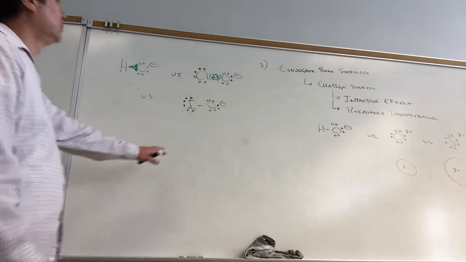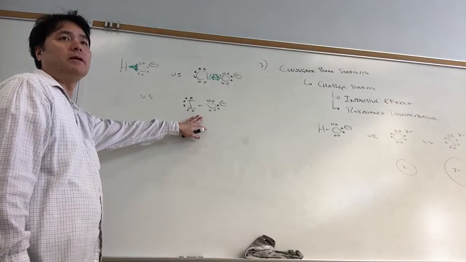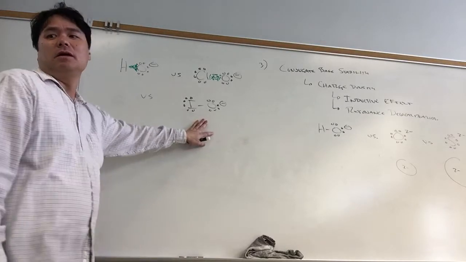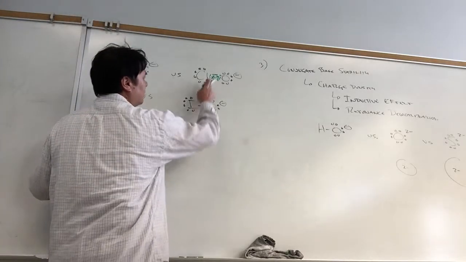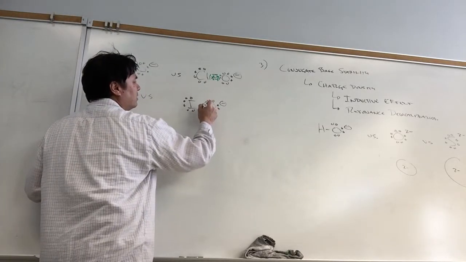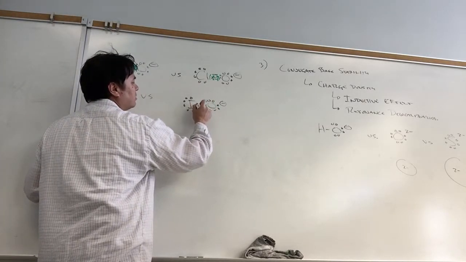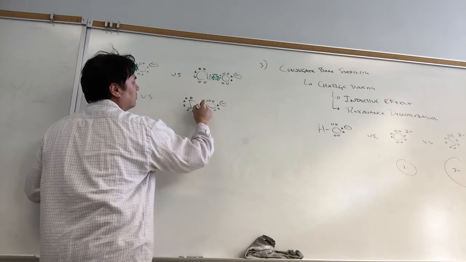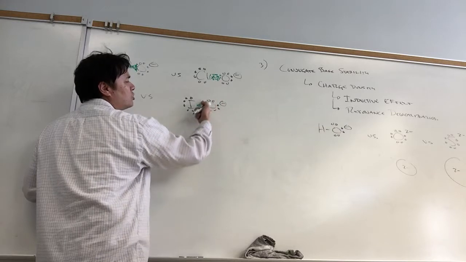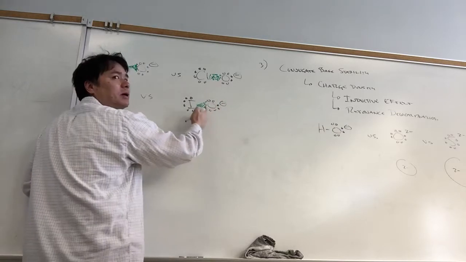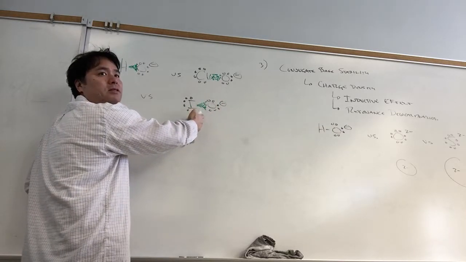Hypoiodide should be a better base, right? Because iodine is a lot less electronegative. So compared to chlorine, it's going to lose more electron density to oxygen. And that means we're going to build up more negative charge density on oxygen, which is going to make it more basic.